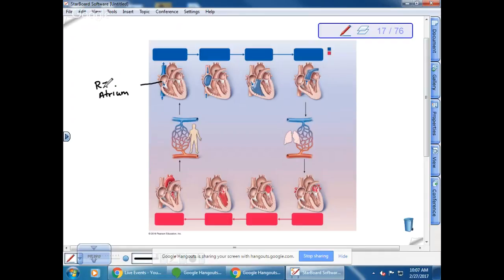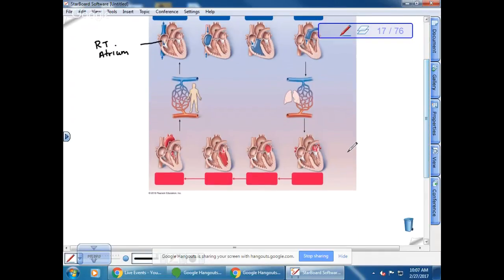Now, it's really important to realize that we're going to talk about the cardiac cycle. And actually, I'll just mention it here. So we're going to write on here, the cardiac cycle. And this describes the contraction and relaxation of the chambers in the heart.